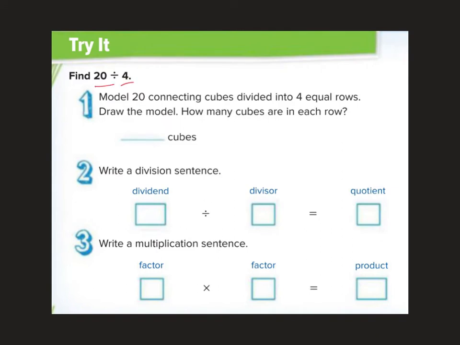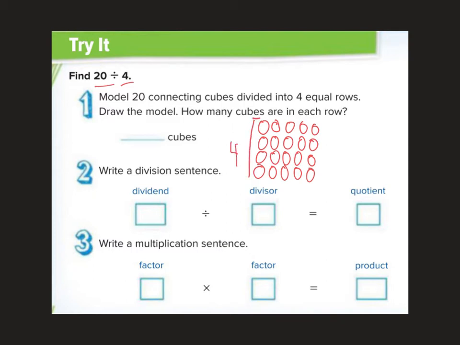20 divided by 4. Model 20 connecting cubes divided into 4 equal rows. That kind of sounds like an array to me. So if I have 4 rows, that's 4, and then I'm going to see how many I have to add on to get to 20. 4, 5, 6, 7, 8, 9, 10, 11, 12, 13, 14, 15, 16, 17, 18, 19, 20. Okay, I have 20. Rows I have 4.